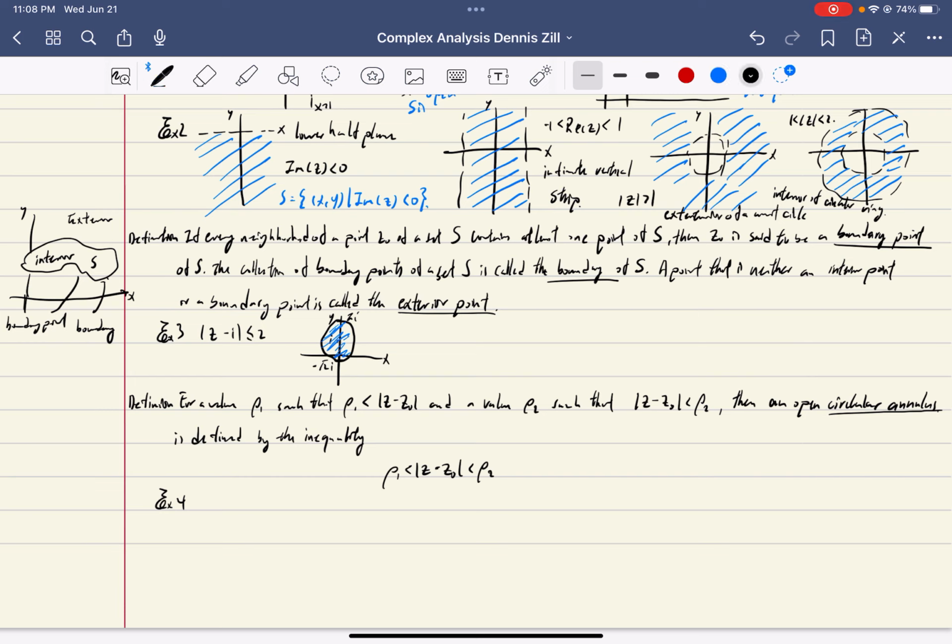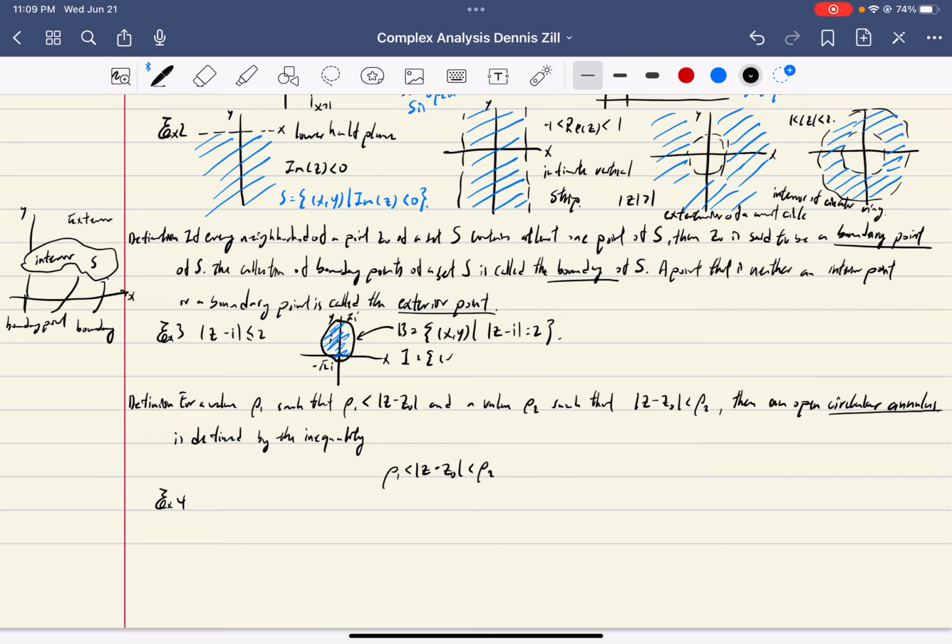And now, if you want to ask, what is the boundary? Let's call it B. It is a set of points xy such that the modulus of z minus i is equal to 2, so that is how the boundary is defined. And if you want to find the interior, we want a definition that defines the interior of the circle.